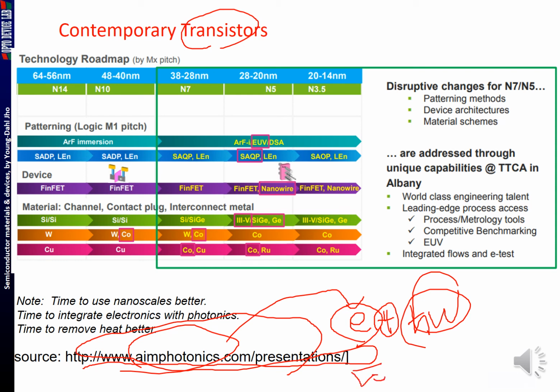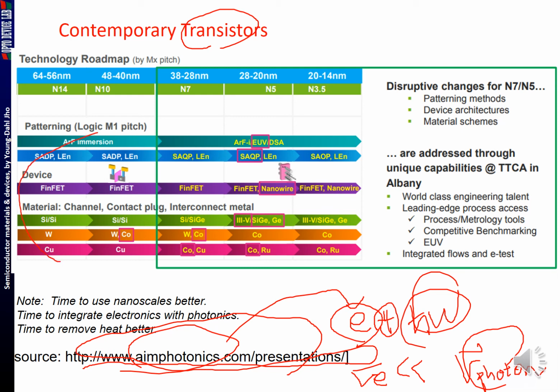The electronic speed is much lower than photonic speed. So when you want to transfer your information from one point to another, if you use photons, then it will be faster. So in concept, things need to be integrated between electronics and photonics.